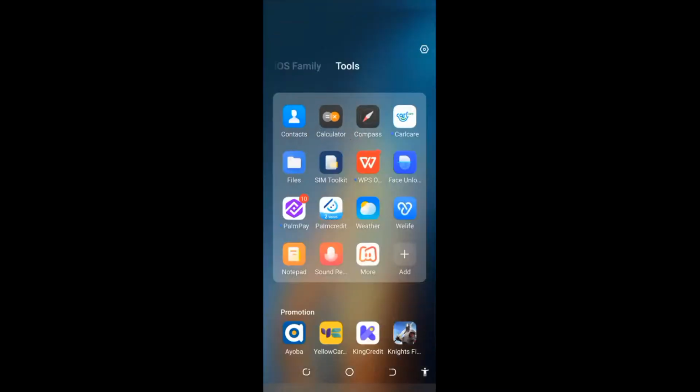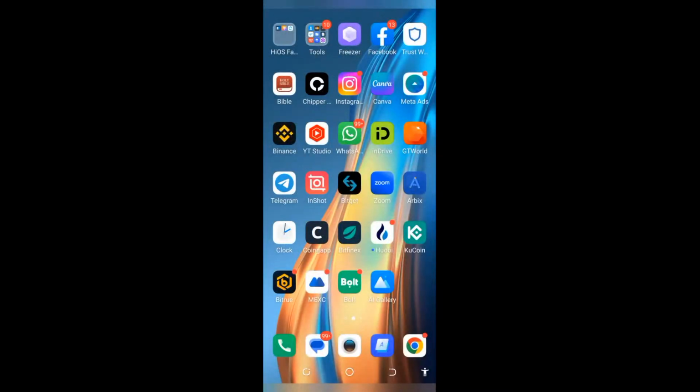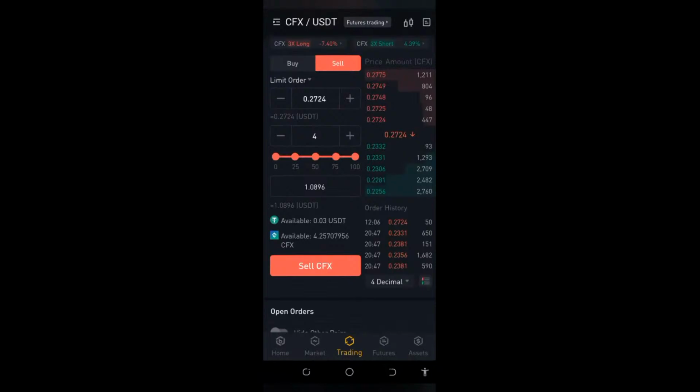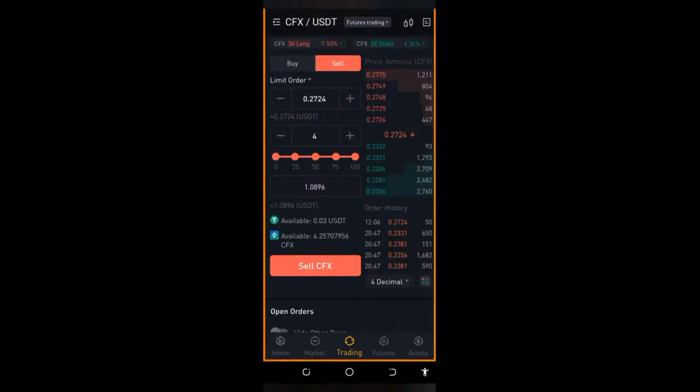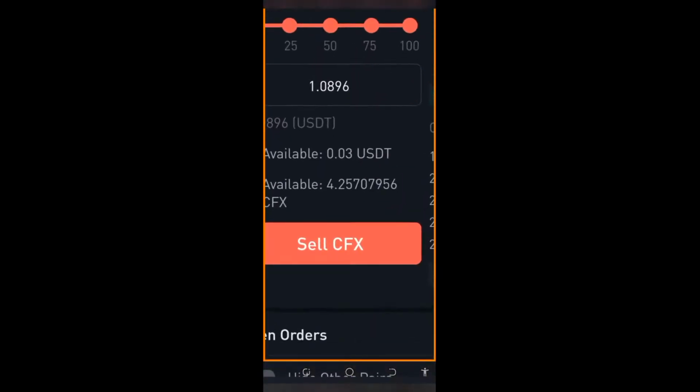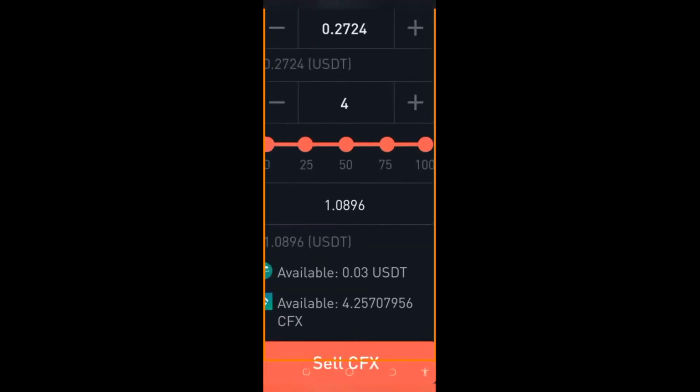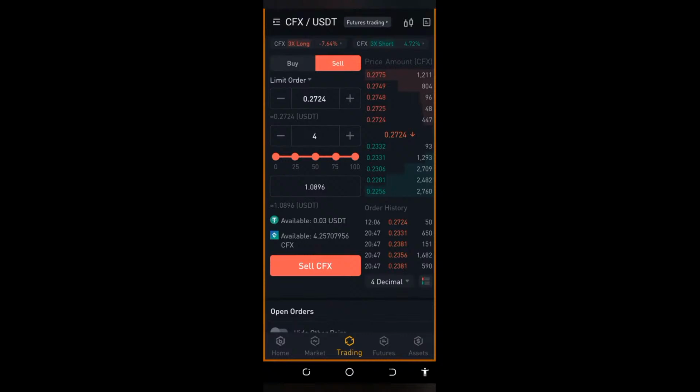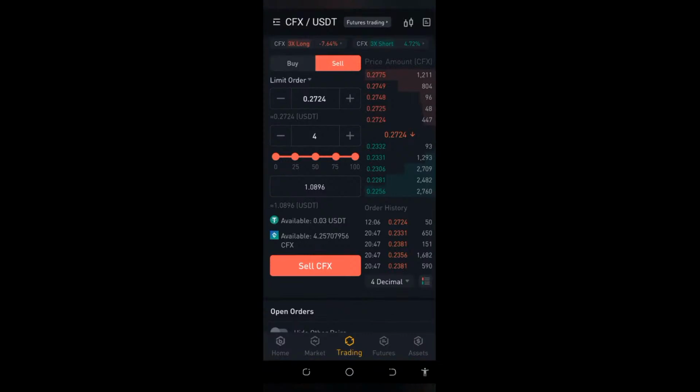But it's giving us less. Don't forget that it took a little bit out of the transfer fees. Another reason is that it's disregarding the 0.25 CFX. It only picked up 4. So that's another thing you need to check out, right? That's the reason why we didn't get the exact 16%. But that's not even the main point.